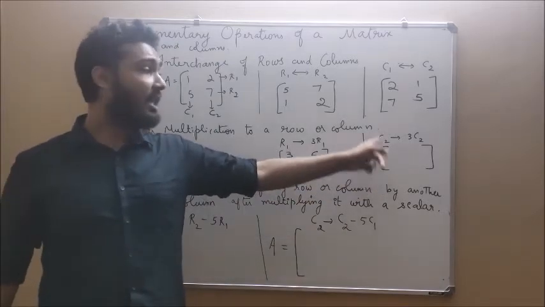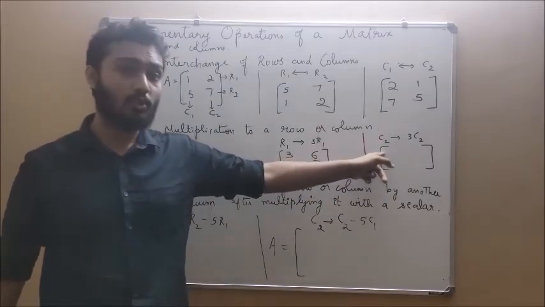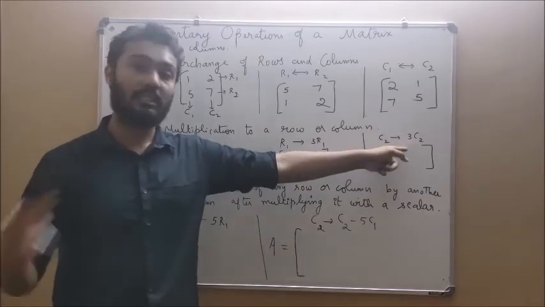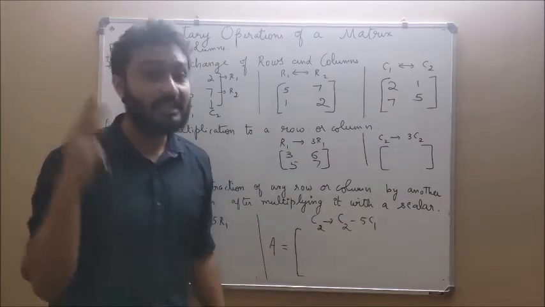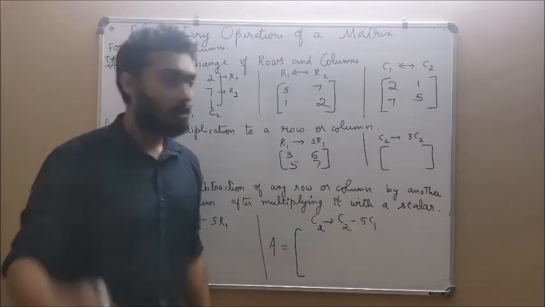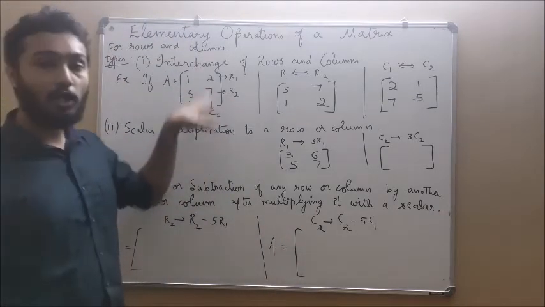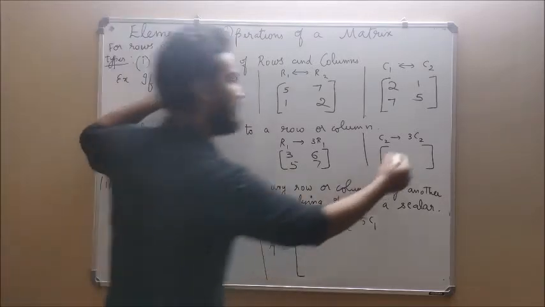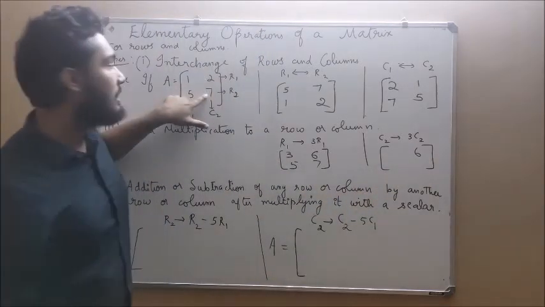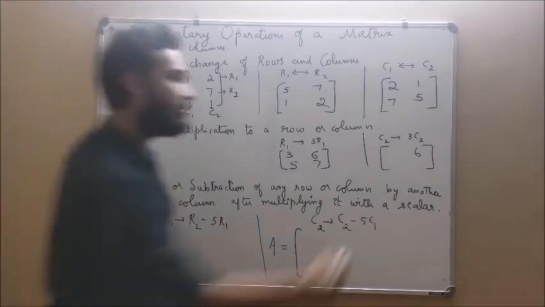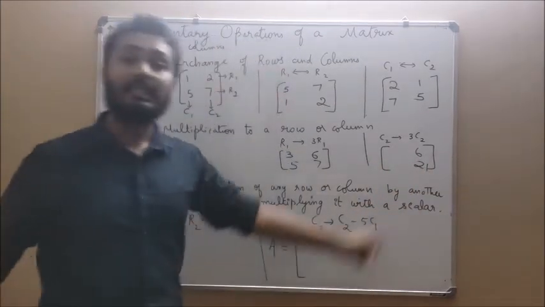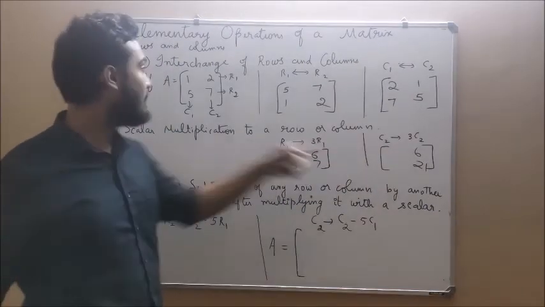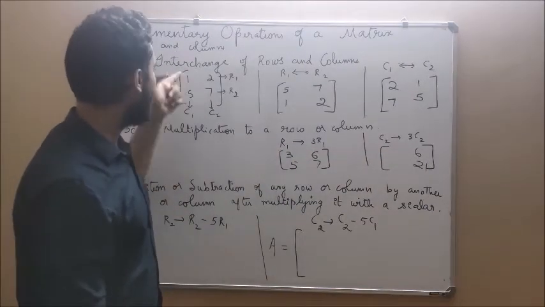Now here I am taking the operation C2 changes to 3C2. 3 times C2 means I am multiplying 3 to column 2. So this is column 2. Multiply 3 to column 2: 3 twos are 6, 3 sevens are 21.